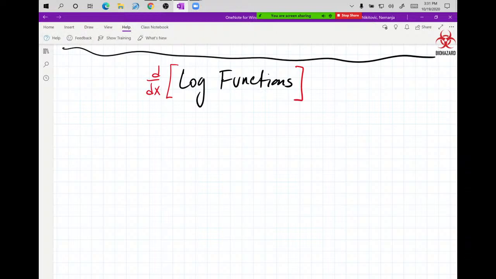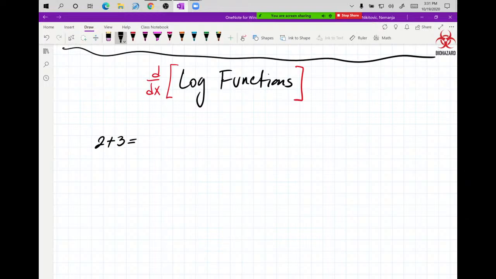So if you talk about 2 plus 3 equals 5, then you can go 5 minus 2 equals 3 and 5 minus 3 equals 2 to retrieve 2 and 3, which made 5 in the first place. 2 times 3 is 6. 6 divided by 2 is 3.